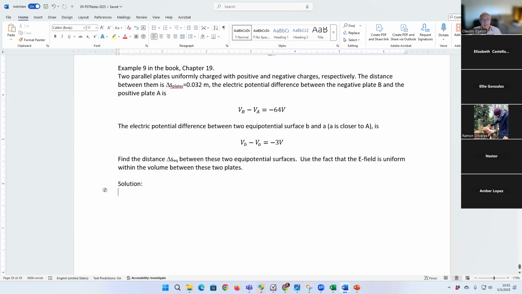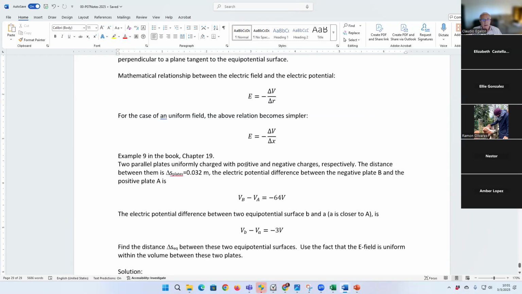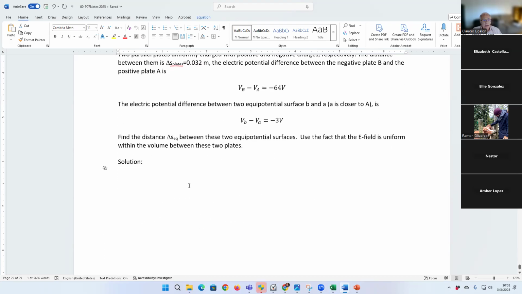Have you thought about that? You know how to solve that? Just go back to your definition of electric field. Okay, here you go.